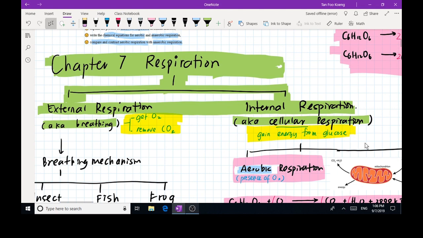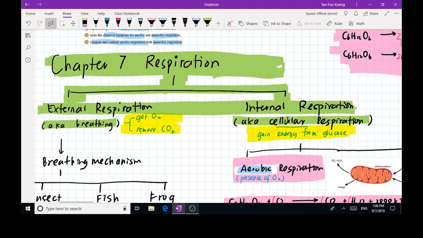So respiration can be divided into two types. We have external respiration as well as internal respiration. External respiration is also known as breathing. So this is a process in which we get the oxygen from the air and remove the CO2 from our body.